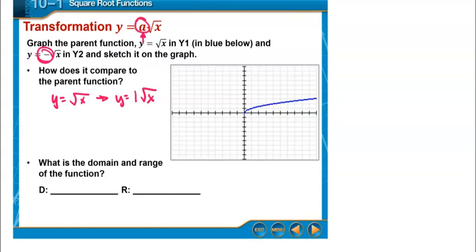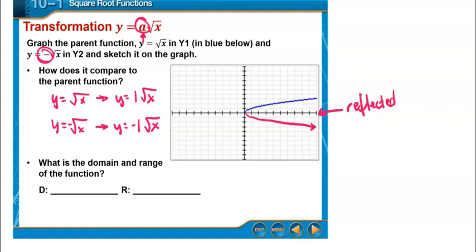That's your A value in front. The other one, negative square root of x, is the same thing as y equals negative 1 square root of x. So if we graph these on the calculator, you're going to see there's a mirror image of this one over the x-axis. So this is reflected over the x-axis.